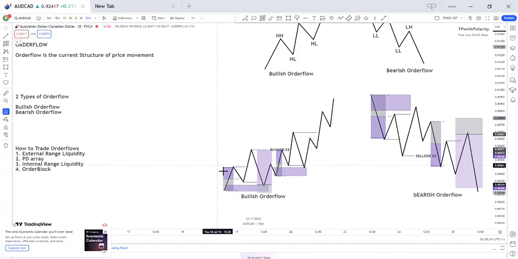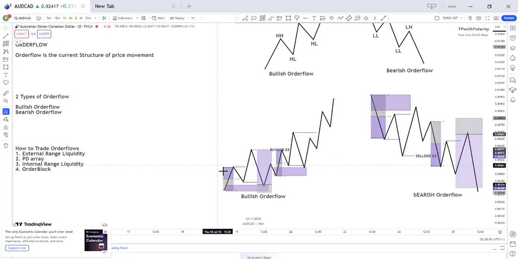The trading cycle must be complete. If the price is not trading back into the premium and discount zone, then there's an inefficiency in the market. You need to take note of that particular aspect.